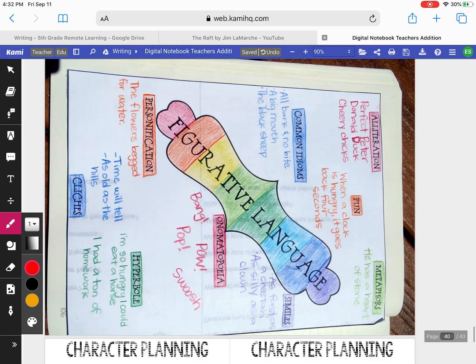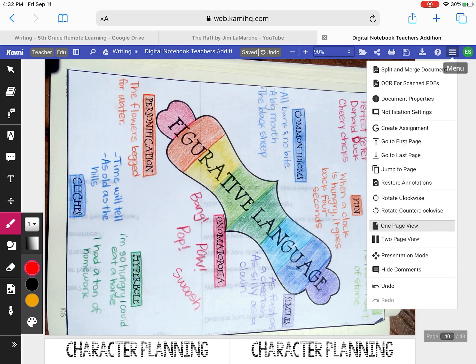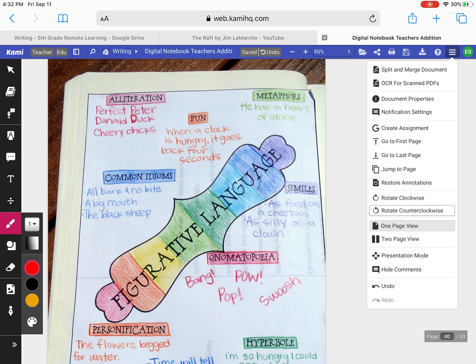So if you scroll down, a metaphor is a comparison, and it compares two things using the words is, are, or has.